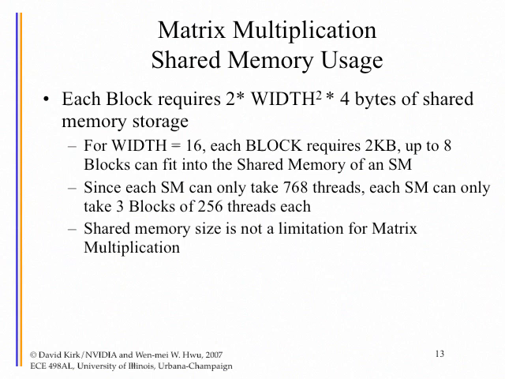But do you care? You don't, because that will double the usage to 6, right? And you can still accommodate, right? So this gives you room for algorithm-level transformations. There are all kinds of clever things you can do. Since each SM has only taken 768 threads, each SM can only take 3 blocks anyway, so it's not a bottleneck.